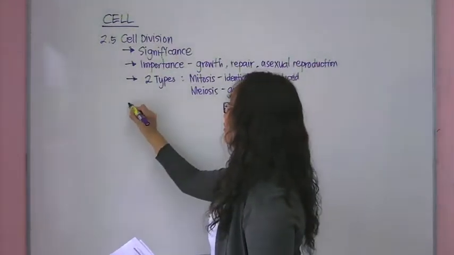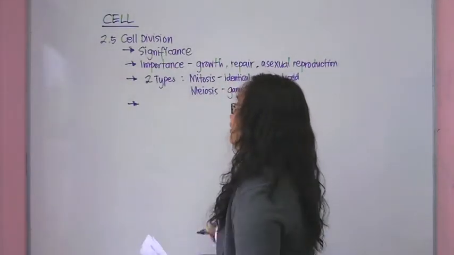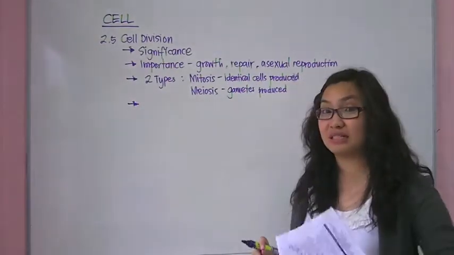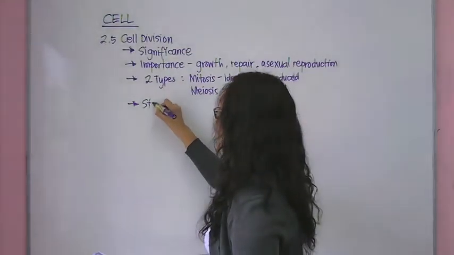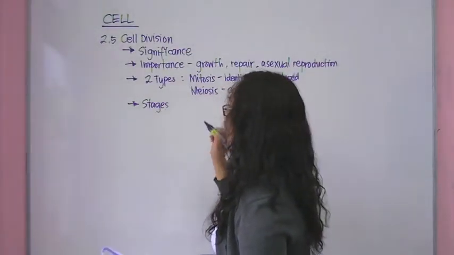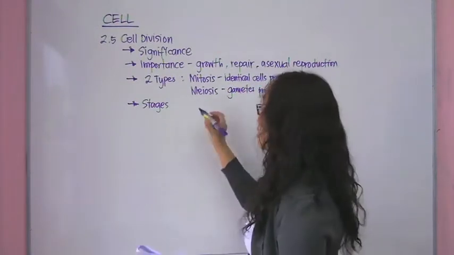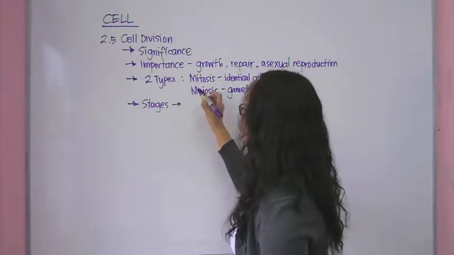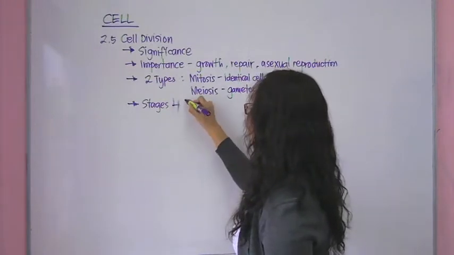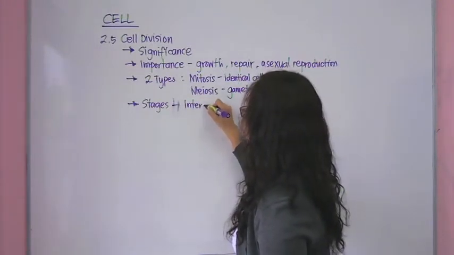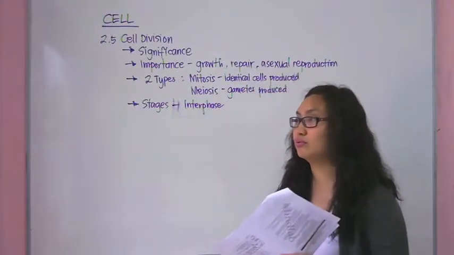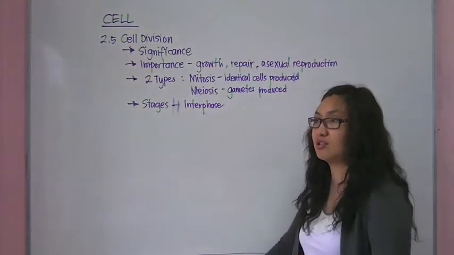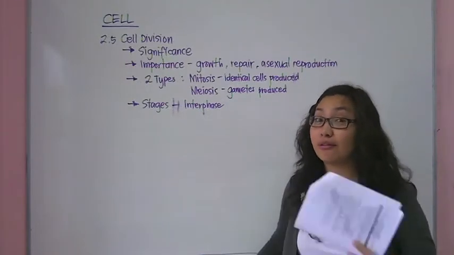Okay, so the other point that needs to be discussed under cell division, of course, is the stages. Under the stages of cell division, we have to include interphase. In the area of interphase, we have to explain to the students that interphase is not a resting stage.